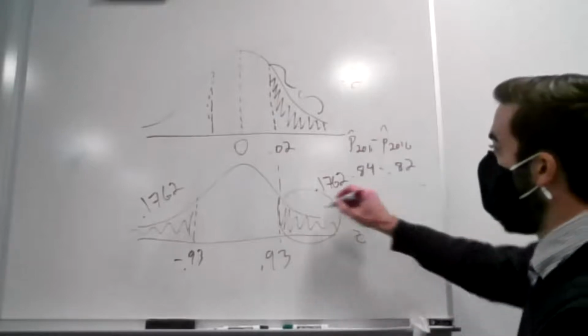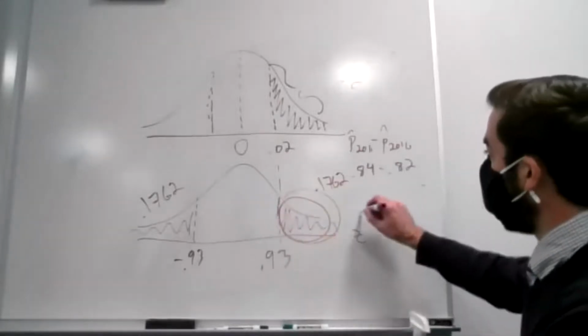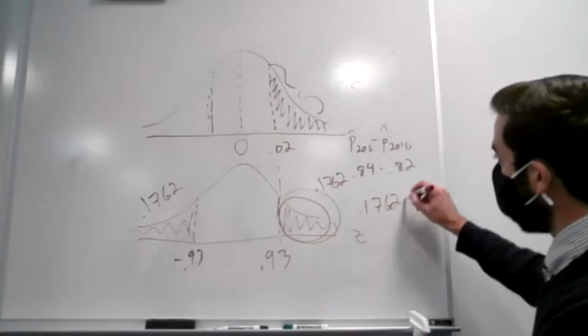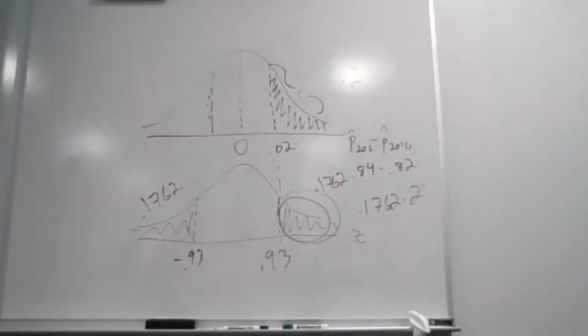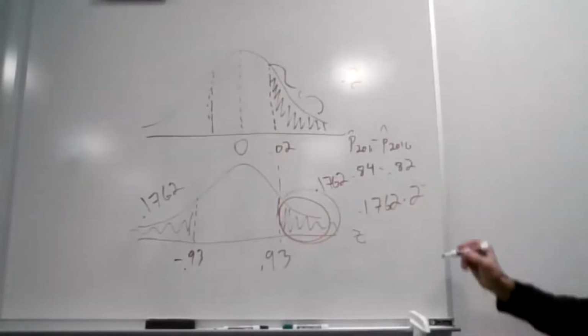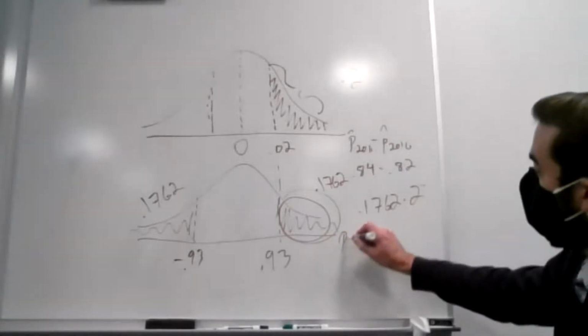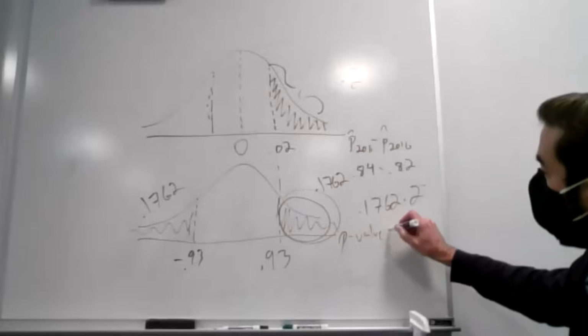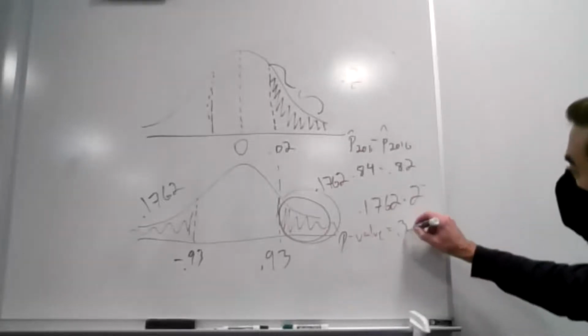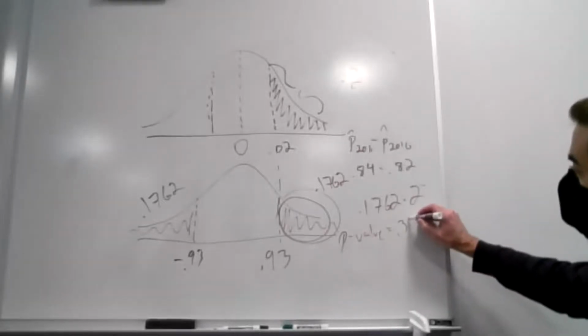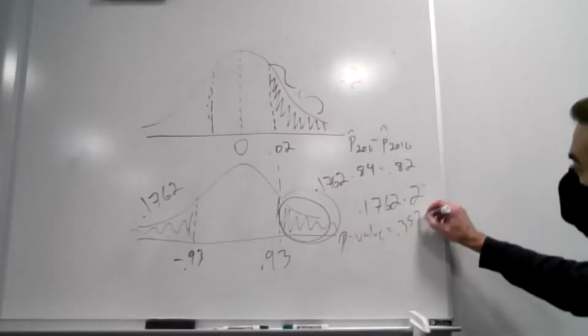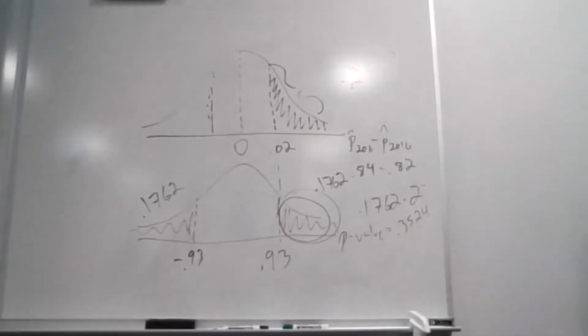So for a two-tailed test, once you find the area in one of your tails, just multiply it by 2 to get your total p-value, okay? So here, the p-value would be 0.3524. See if I did mental math there correctly.